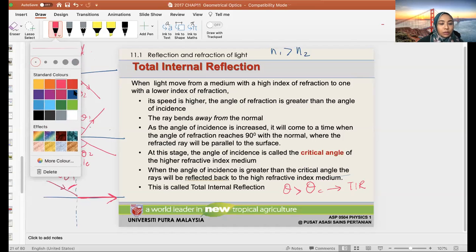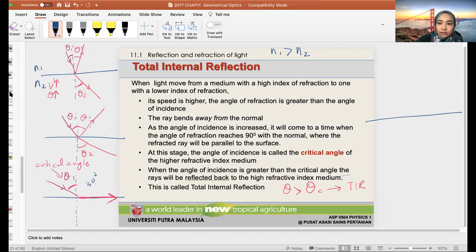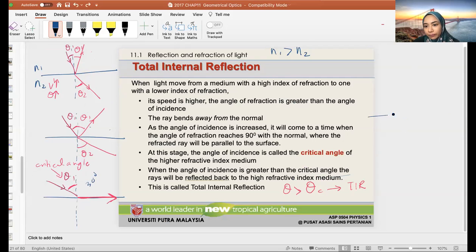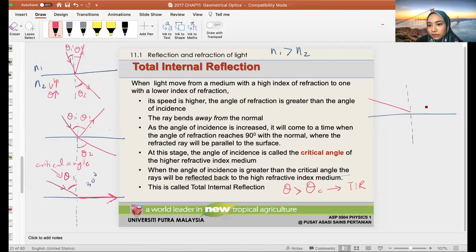Okay, so now that we have found our critical angle, let's say it's 30, contohnya. Critical angle kita 30. Okay, so now I have my fourth situation. I further increase my angle to become, maybe 50 degrees.